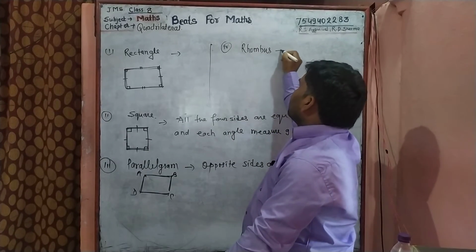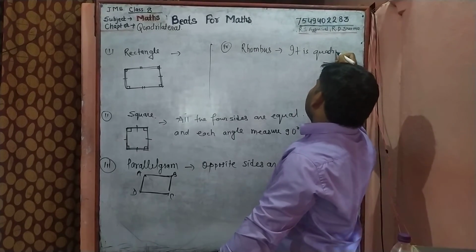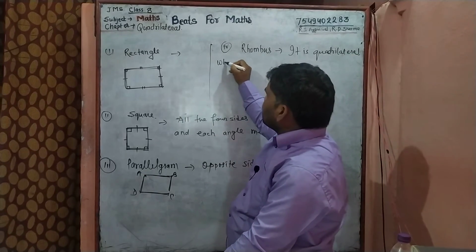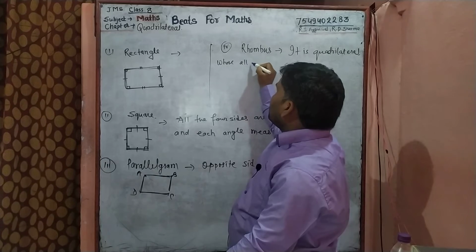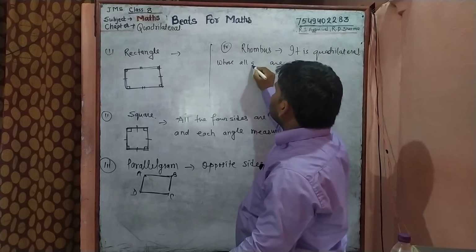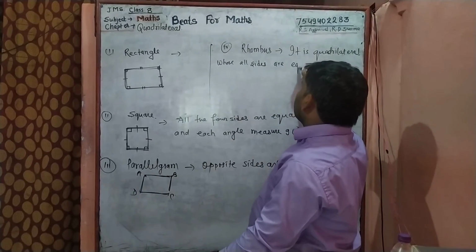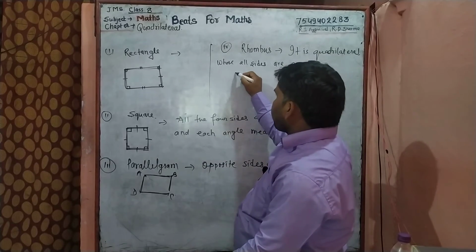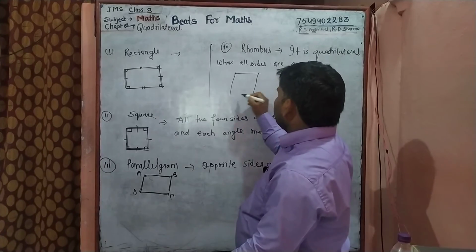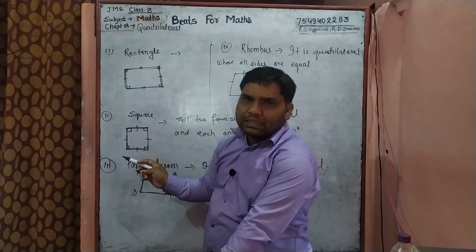Rhombus. It is the quadrilateral whose all sides are equal. In a square also all the sides are equal.